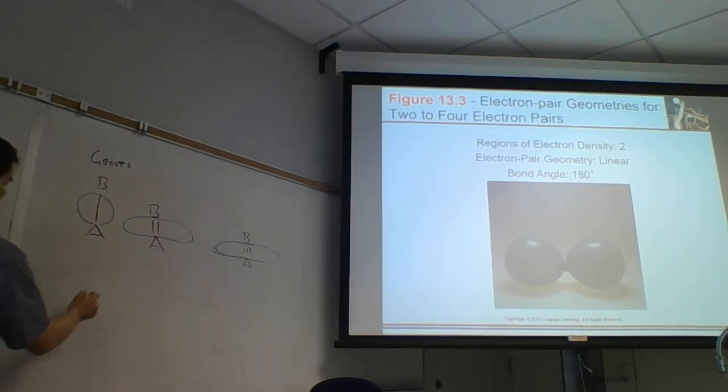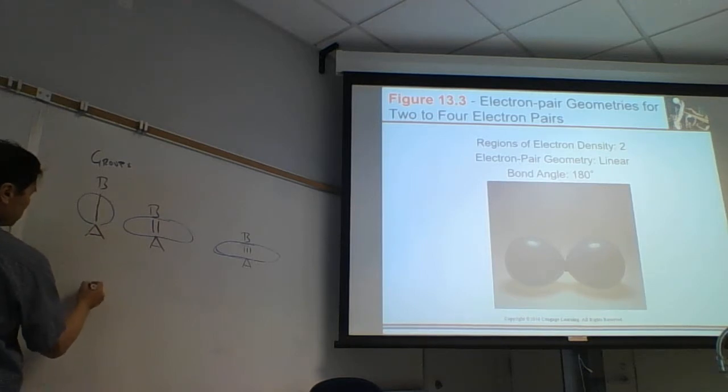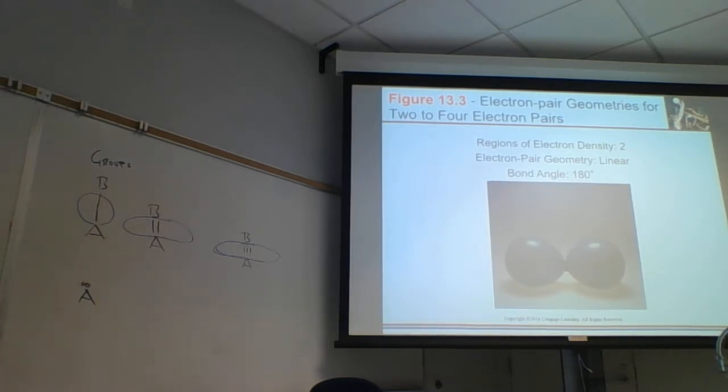How about a lone pair? Sometimes I could stick a lone pair of electrons there. It's not bonded to anything. A lone pair, does it take the same amount of space as a single bond? More space or less space? This is it. If you think about a balloon, this balloon's being pulled by B and A, so it's being stretched or elongated.